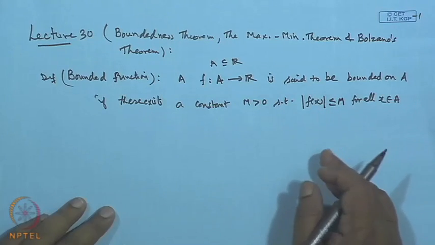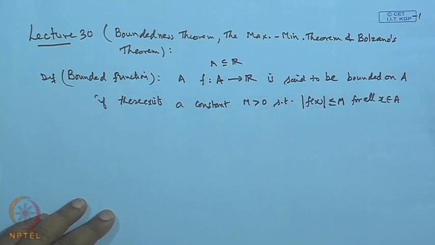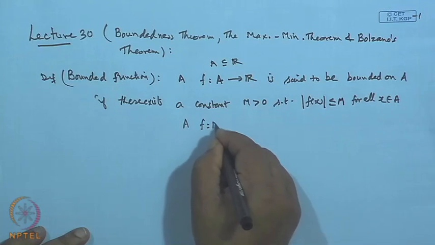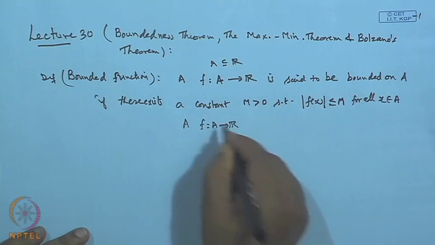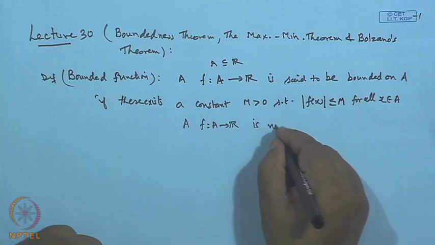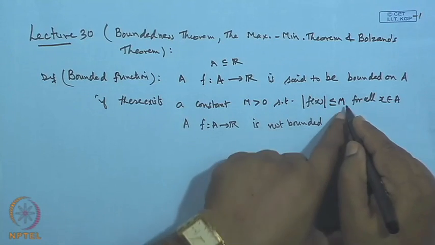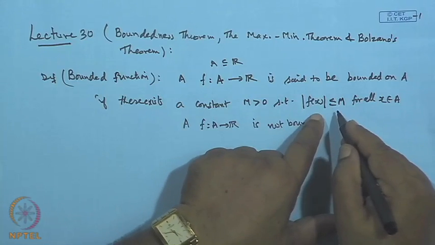So, when we say f from A to R is not bounded, it means we are unable to get such an m for which this inequality holds.